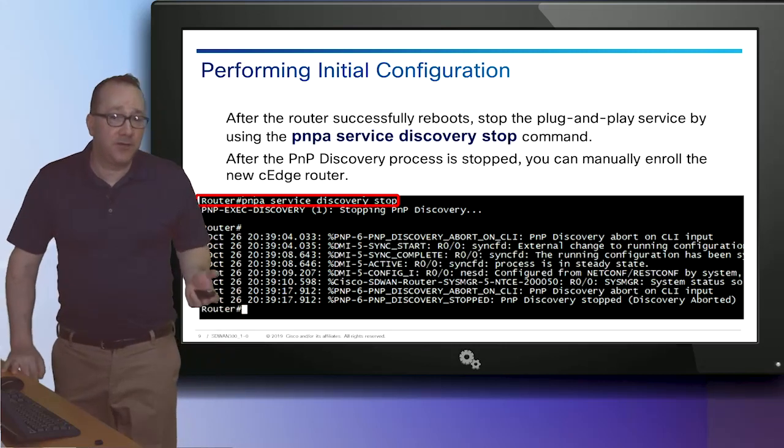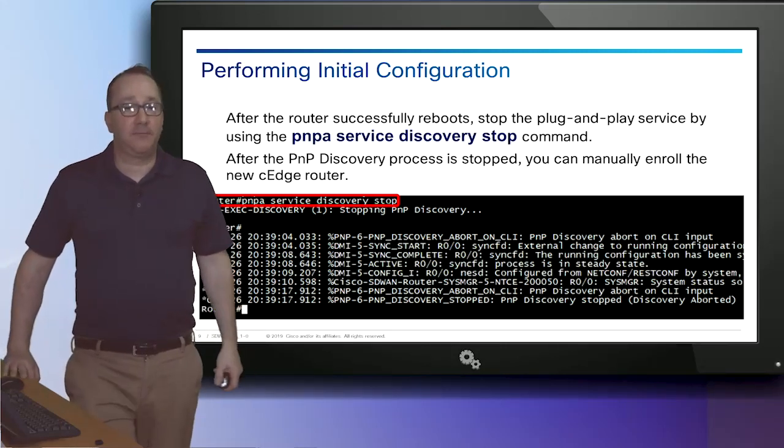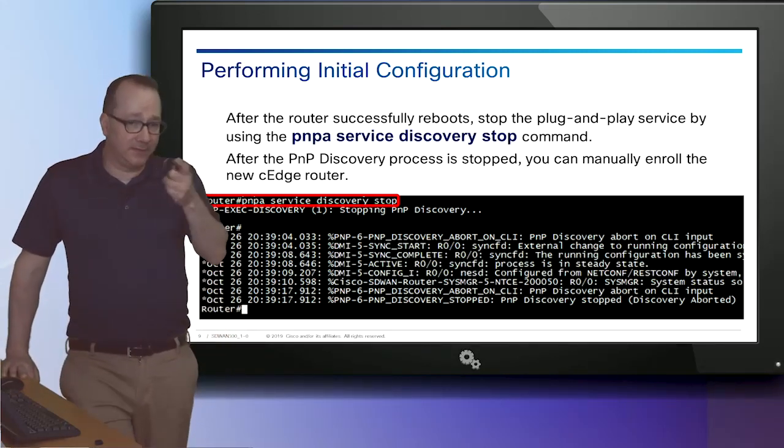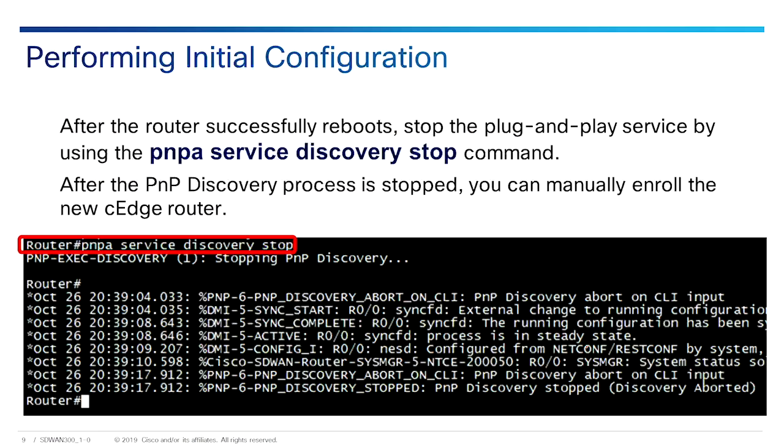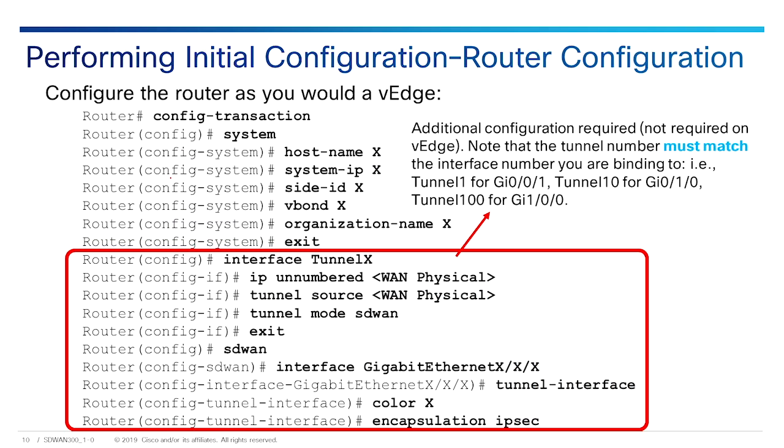After it reboots, we need to shut off the plug-and-play service by issuing the command pnpa service discovery stop. After that, you can manually enroll the new cEdge router. You'll notice this is very similar to the configuration we did with the vEdge devices. We do a config-transaction.